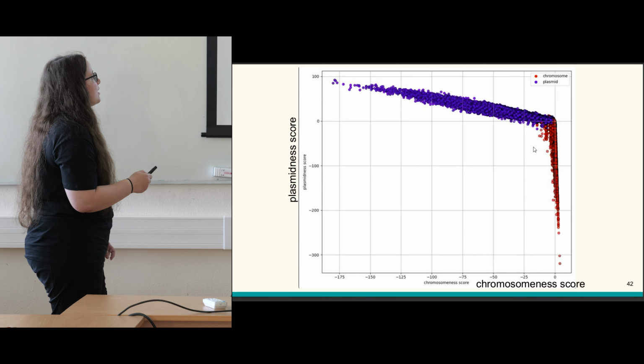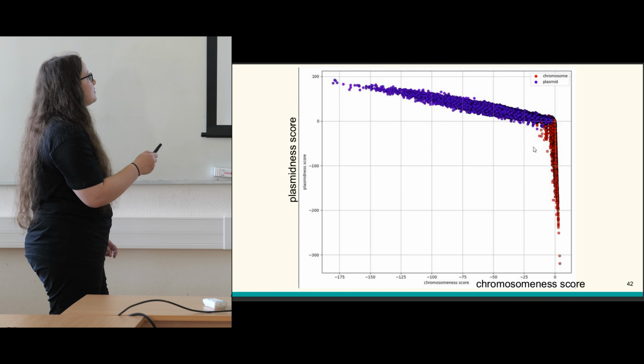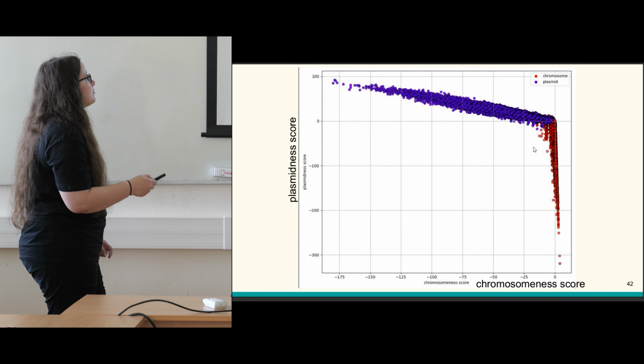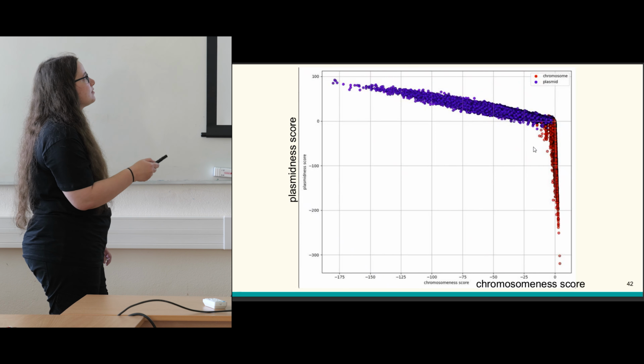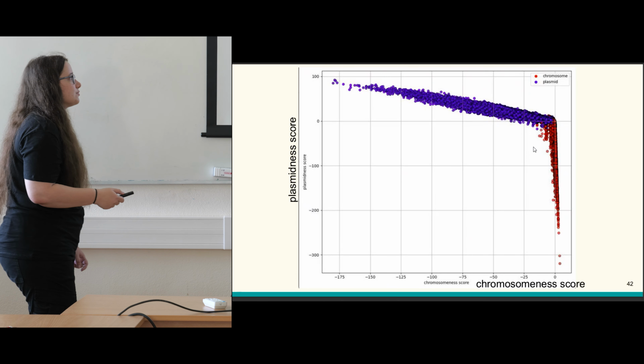And then on the y-axis, we have plasmid score, similarly as for the chromosome. And we can see that this feature can separate the data pretty well. So we have the red are chromosomes and the blue are plasmids. So this direction looks promising.